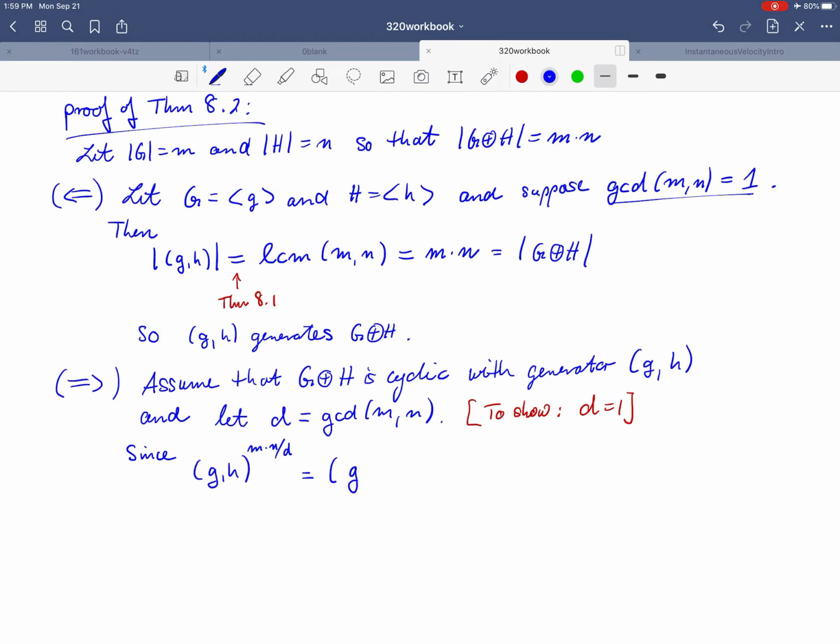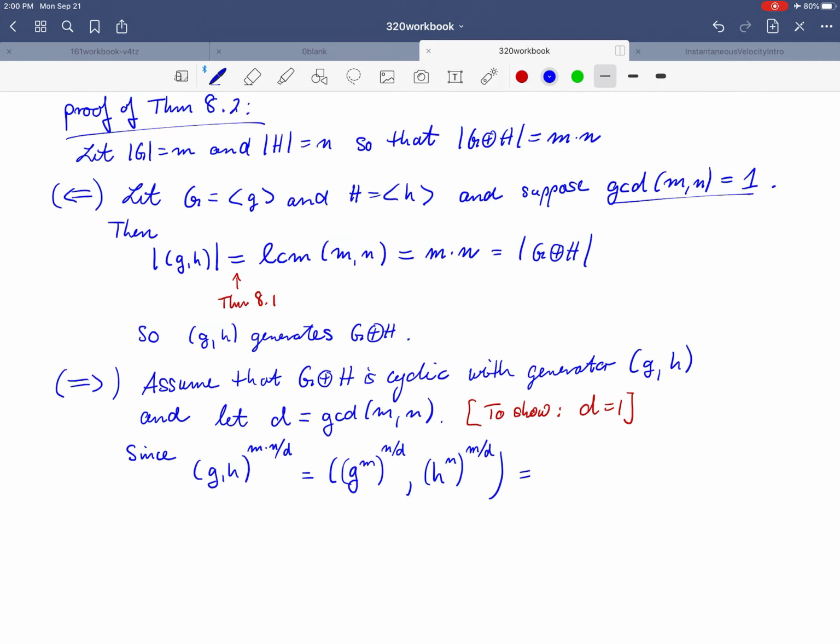This is G raised to the M raised to the N over D. Since D divides N, this is perfectly fine. And we also have a similar result for H, but H to the N to the M over D, that's also perfectly fine because D also divides M. It's a common divisor of both M and N.